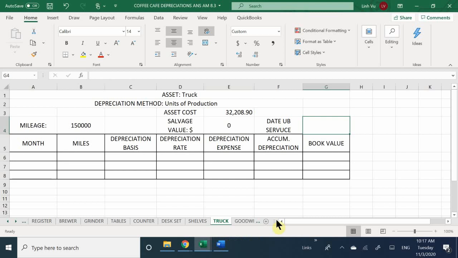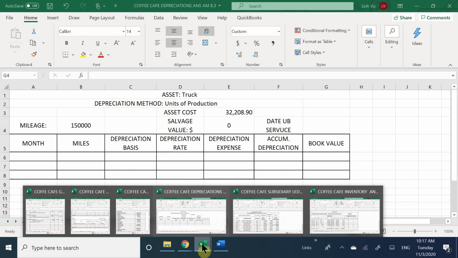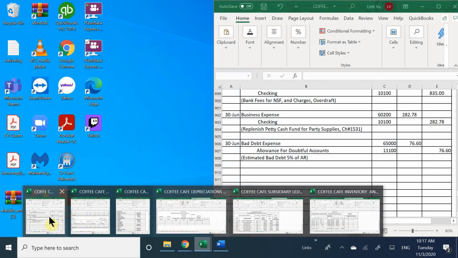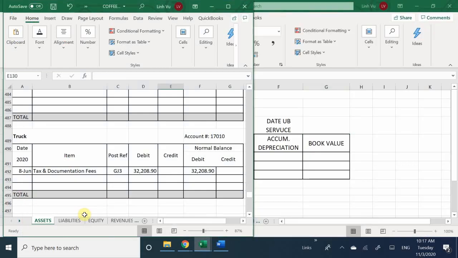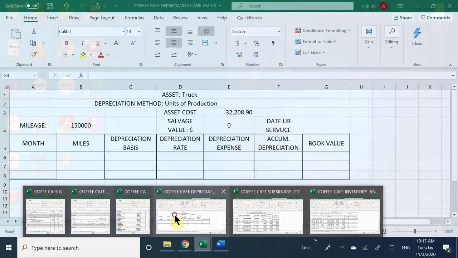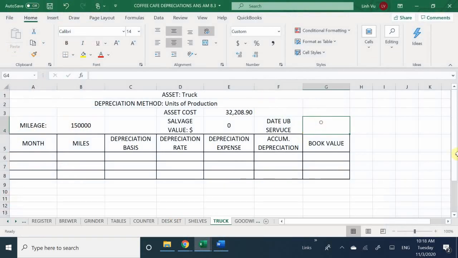So in this case, when do you actually start depreciating it, especially when you have a truck? Immediately. The minute you drive off the parking lot, you automatically start depreciating it. So when did I buy this truck? June 8th. So the date that I placed into service is going to be June 8th.